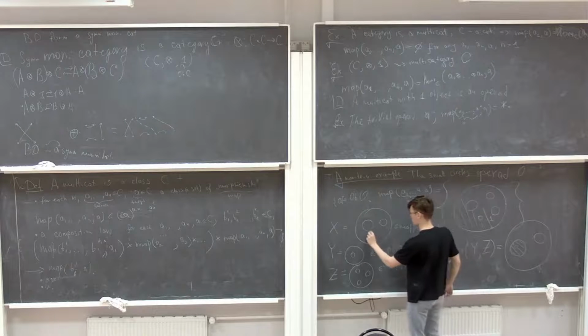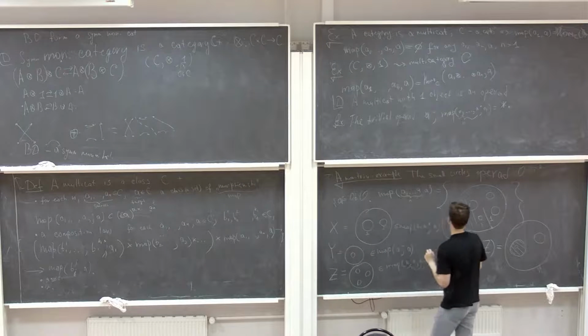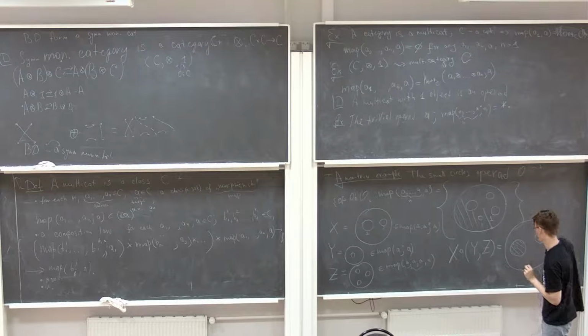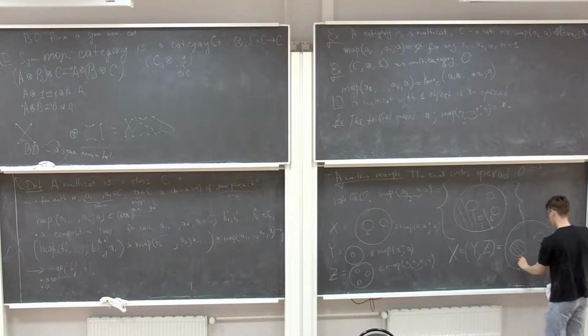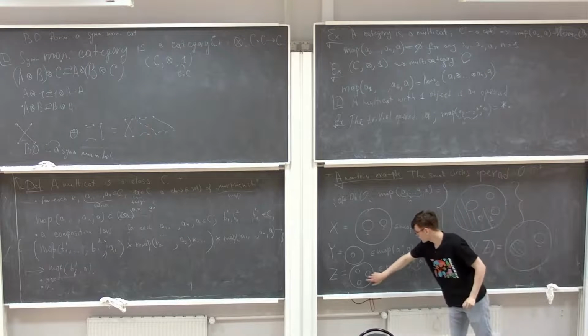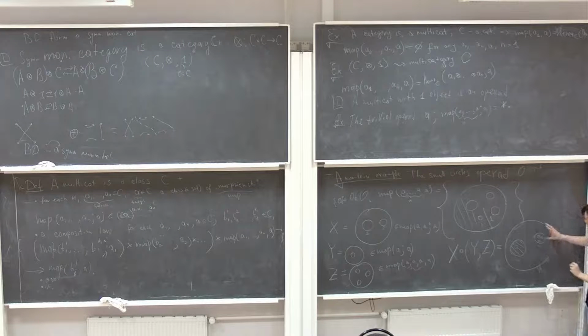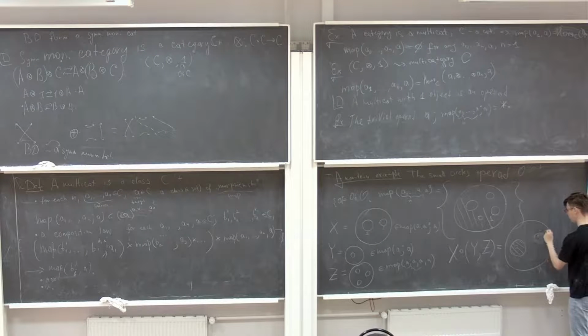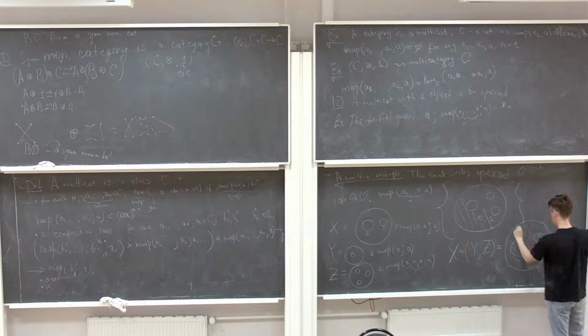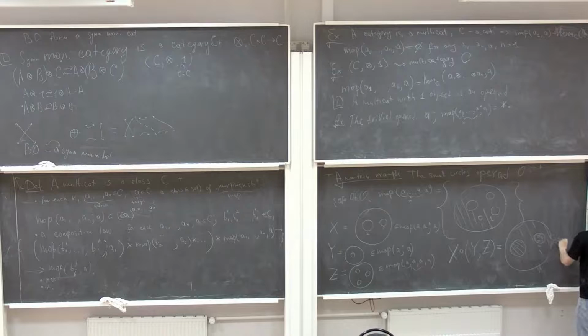Yes, we should order the circles because I'm using non-symmetric operads. So this was the first one, and this was the second, and here we paste Z, just a dilated version of that, and obtain a circle with 4 holes. So it's an element of map from A, A, A, A to A. So there are 4. This is how the composition law is defined.